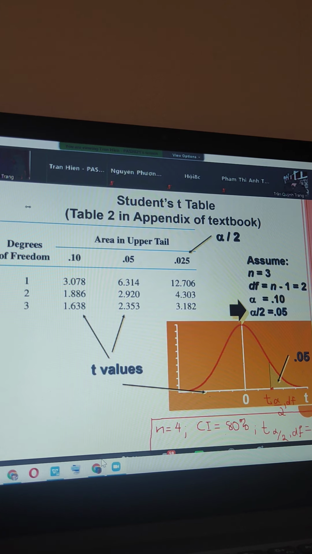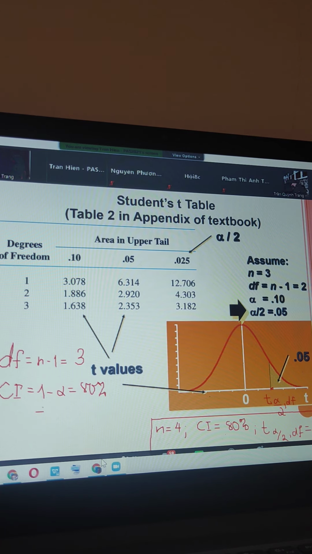First of all, we have to find the value for degree of freedom, which is equal to n minus 1. In this case, it is equal to 3. And after that, the confidence interval: 1 minus alpha equals 80%.